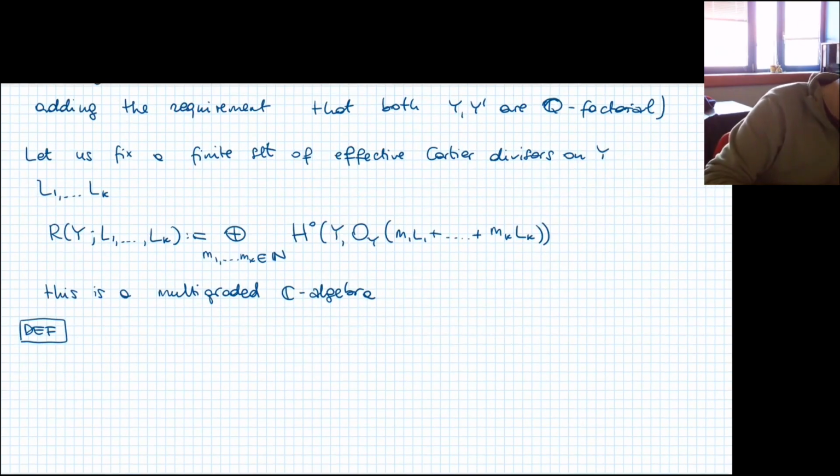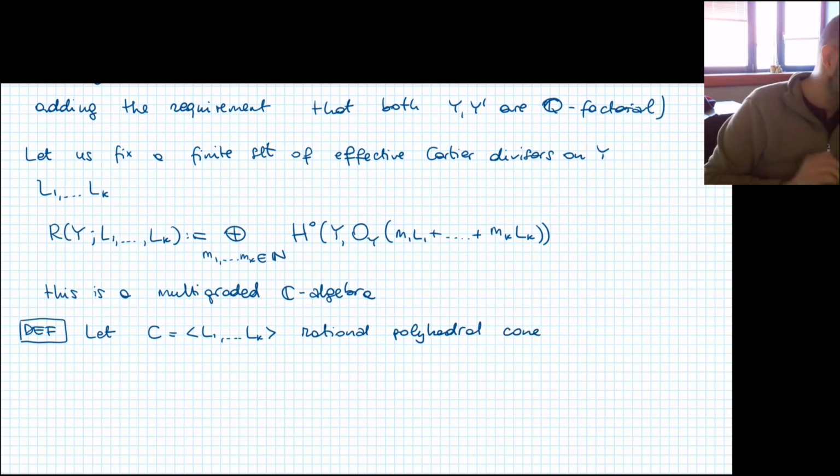So let C equal L1 to LK, a rational polyhedral cone. And the rational polyhedral cone I want in the set of Cartier divisors of Y tensor with the rational numbers.